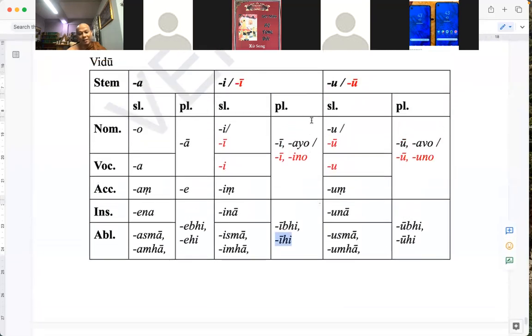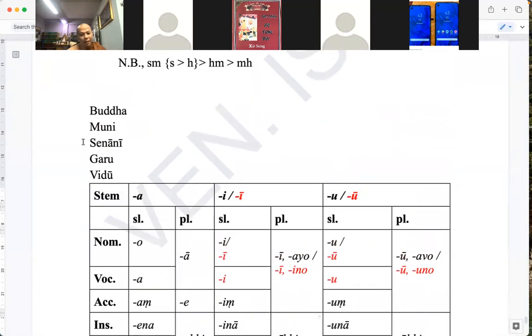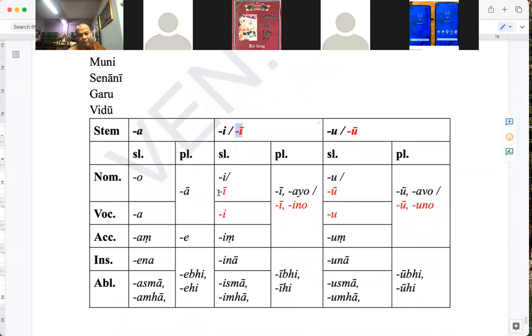Okay. So, and then nouns. Senani, E, Senani, Senani, Senanino. And the vocative. Senani. Plural, Senani. Yeah, right.